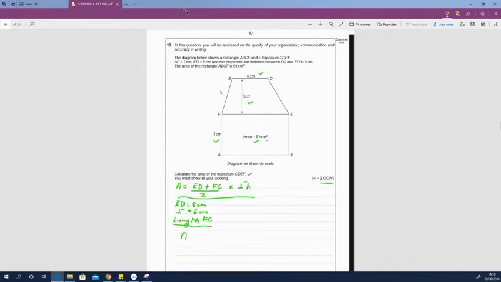Now the area of the rectangle, so the area of AFCB, is the length times the width. The area of AFCB is 91 centimetres squared, and the length is something we don't know, but we do know the width is 7 centimetres.